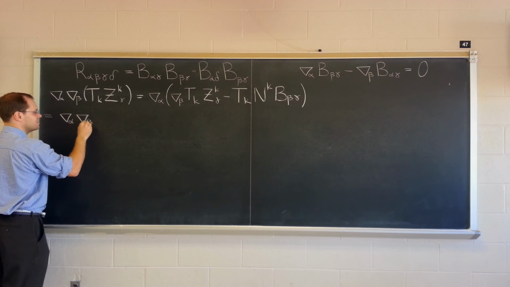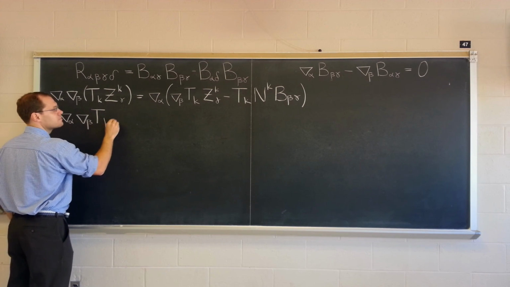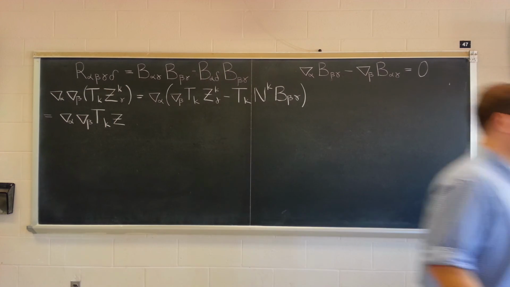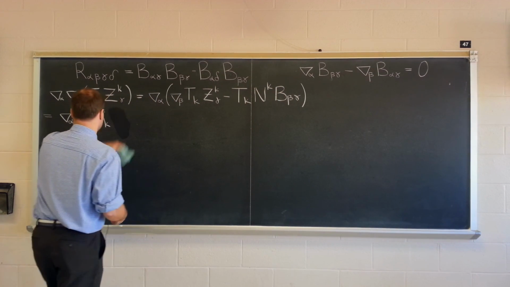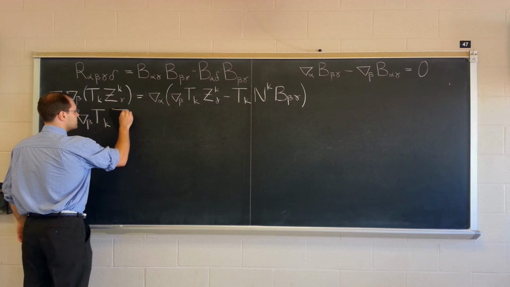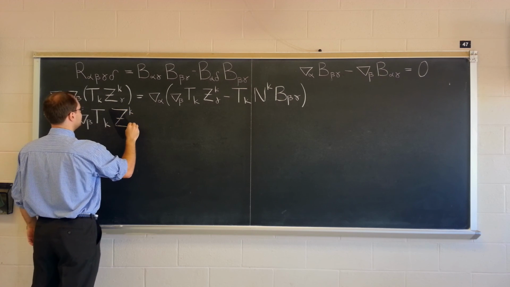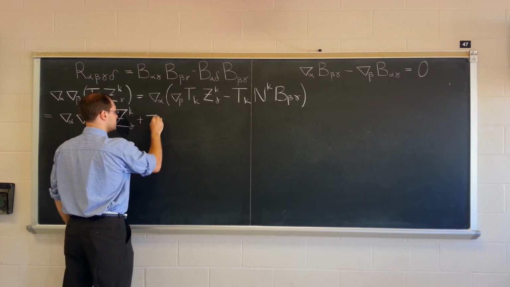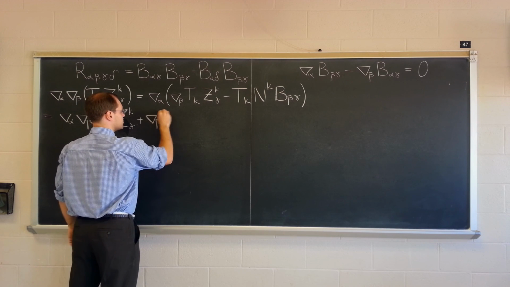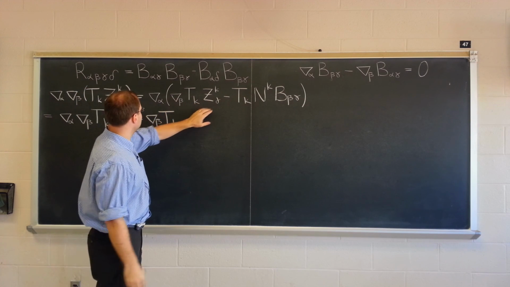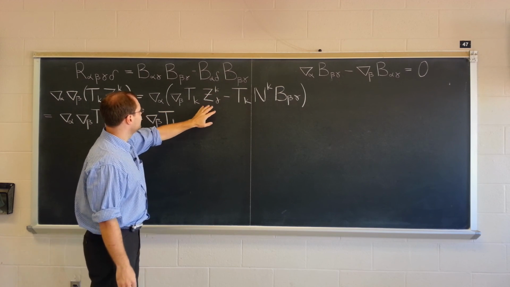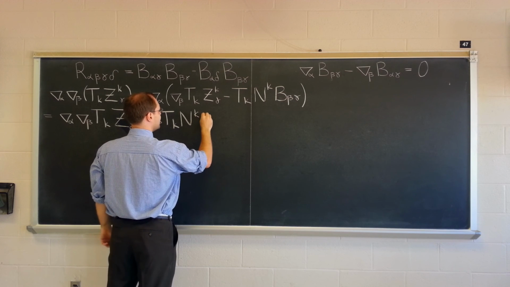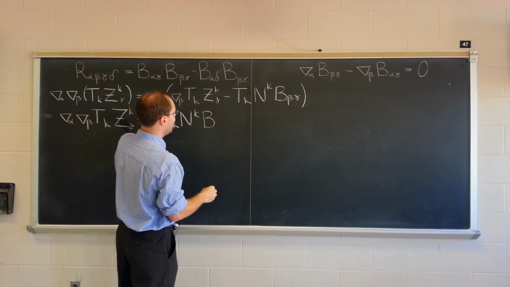It's the derivative applied to the derivative of t sub k, where the shift tensor is left alone, Z k gamma, plus the term where this is left alone, and the derivative is applied to the shift tensor, which of course produces the normal times the curvature tensor, B alpha gamma.